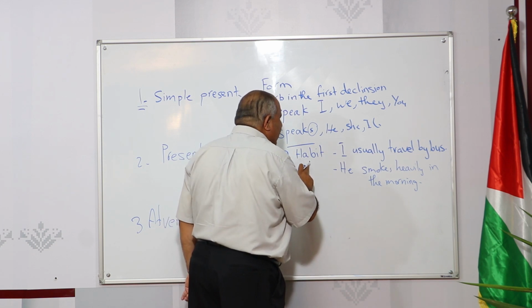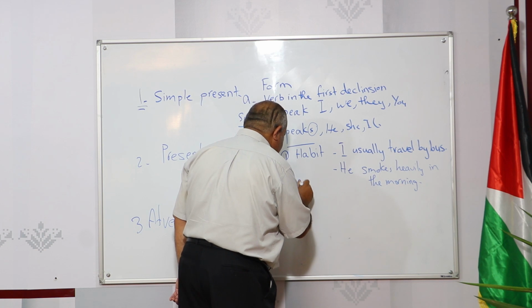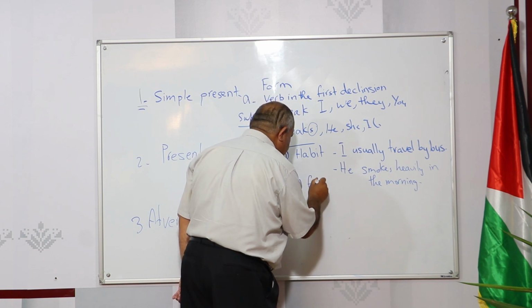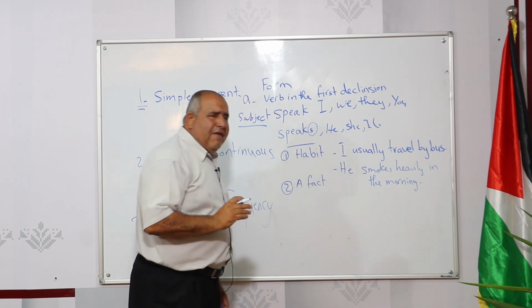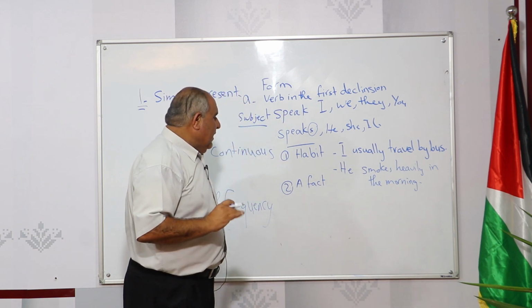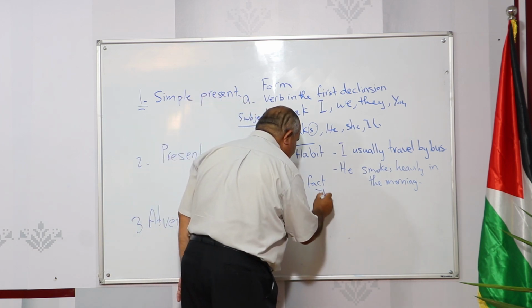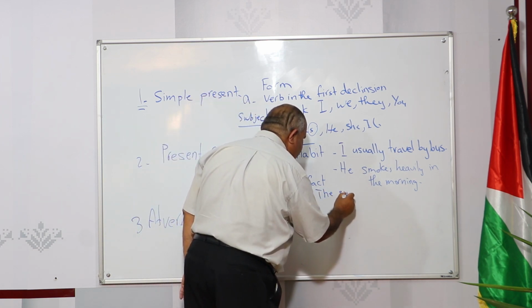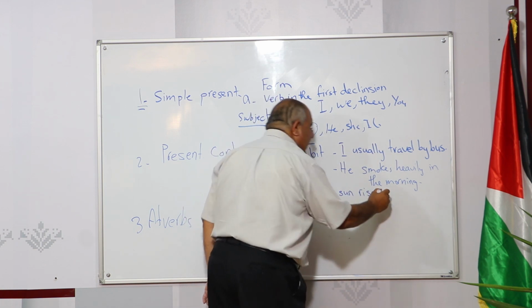We use the simple present tense when we talk about a fact that always happens. A fact that always happens. For example, we say this: the sun rises in the east.